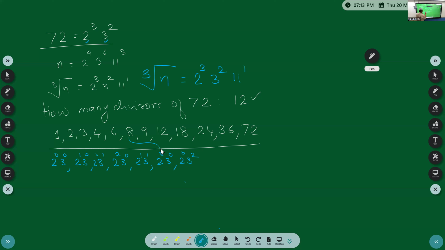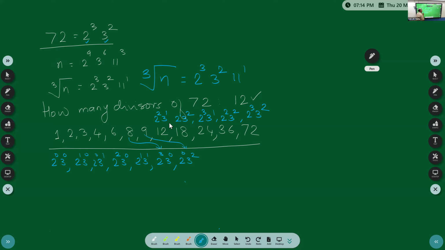Then 12 is 2 raised to 2, 3 raised to 1. 18 is 2 raised to 1, 3 raised to 2. 24 is 2 raised to 3, 3 raised to 1. 36 is 2 raised to 2, 3 raised to 2. Okay, perfect square. And 72 is 2 raised to 3, 3 raised to 2.